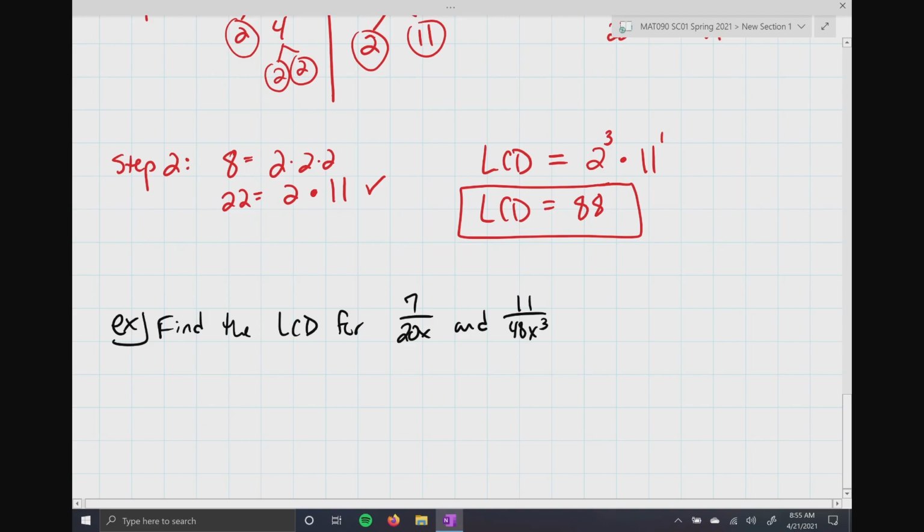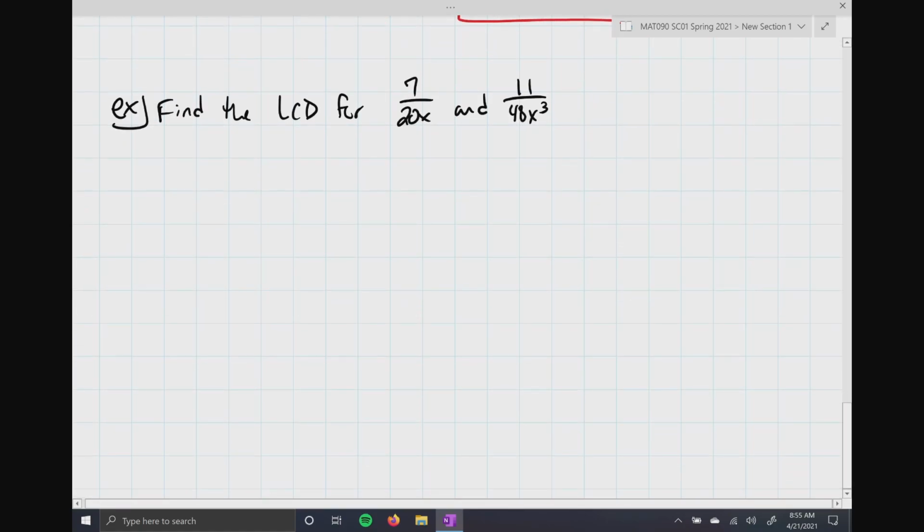Now, I'll walk us through this again because I want you to see everything, okay? Step 1. Let's go ahead and prime factorize the denominators. The letter x, we don't have to worry about it. It's just there. All I'm concerned with are the numbers.